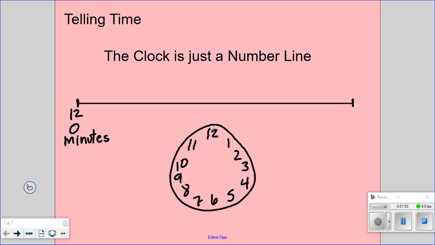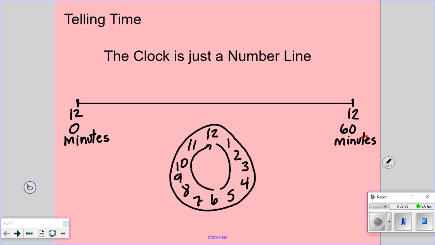But because we're going all the way around, we're also going to end back at 12. So our end point is going to be 12. But when we get back to the beginning, we've now gone a space, a line of 60 minutes. So even though we're back at 12, we've gone a different distance.